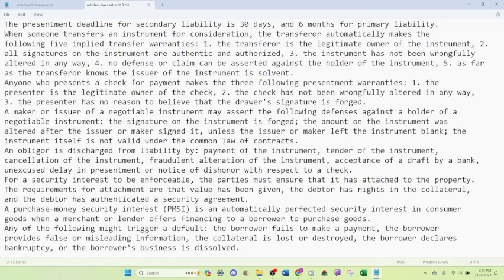The presentment deadline for secondary liability is 30 days and 6 months for primary liability.